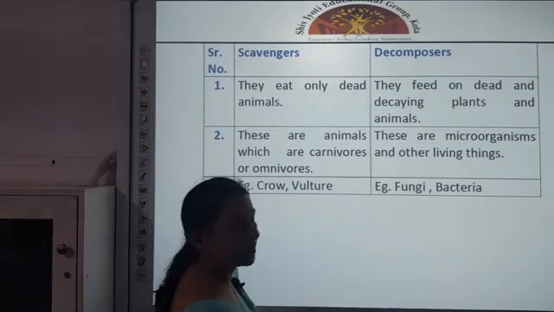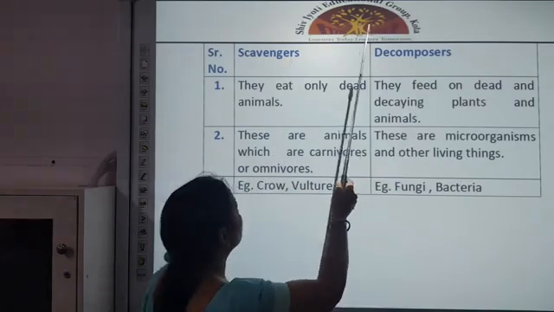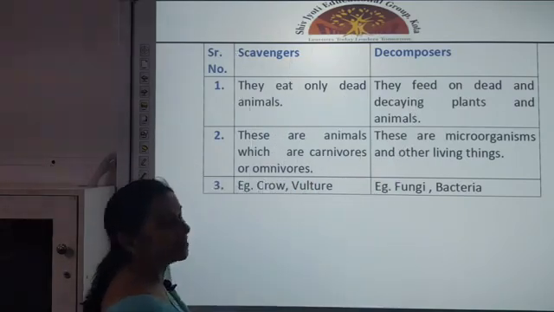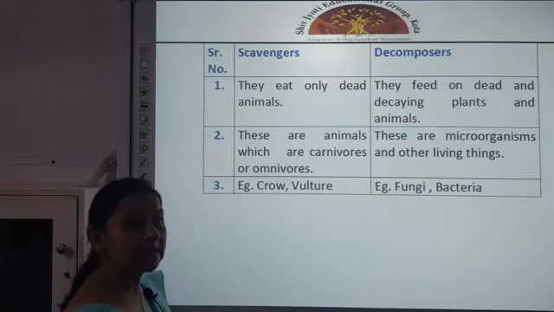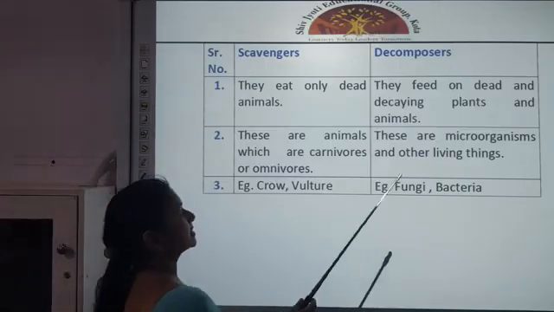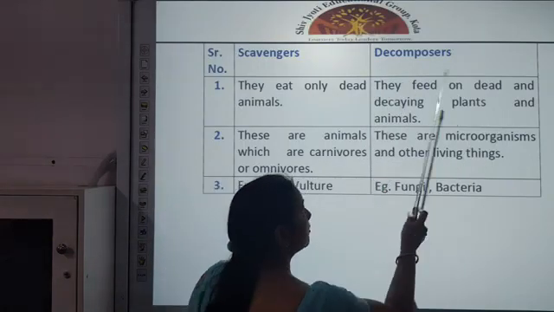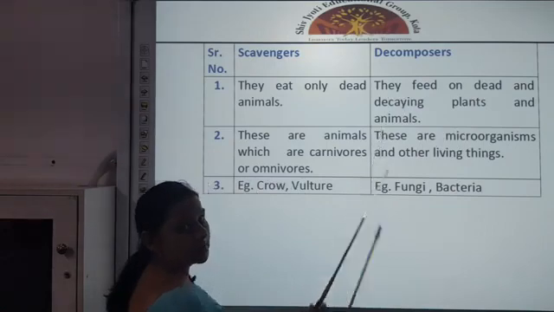The next question includes the differences between scavengers and decomposers. Now, what are scavengers? Scavengers are the animals that eat dead animals. They feed on dead animals, whereas decomposers feed on dead and decaying plants and animals.